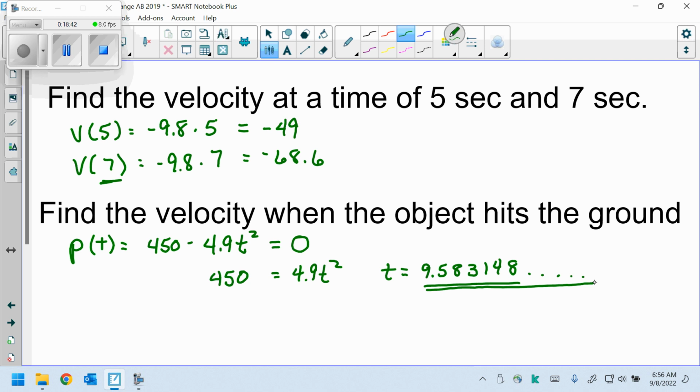And if you want to find the velocity at that time, you will take negative 9.8 times that time, and you will come up with, I'm hoping you get, negative 93.914.